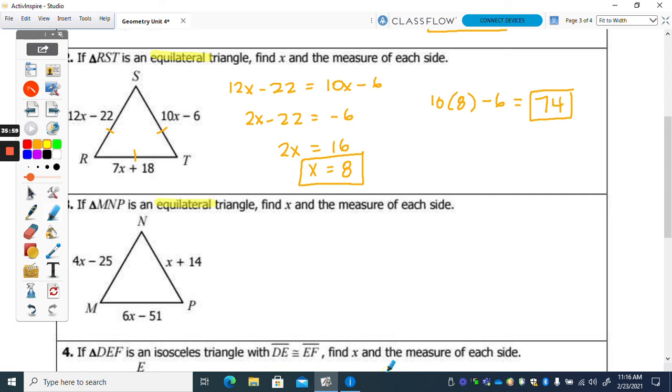Jason, number 3, what does x equal? 13. X is equal to 13. So we know that MN is then equal to what?